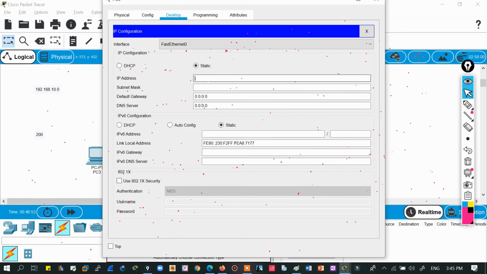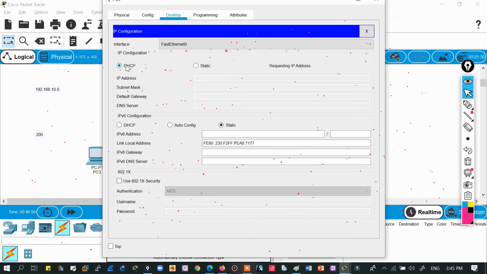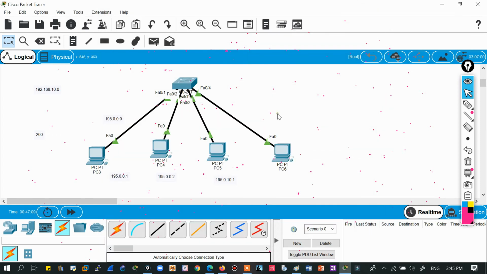I will configure the IP, subnet mask, default gateway, DNS and so on. But there is one more way: you configure a DHCP server in your network. Those clients will be connected to the DHCP server and they will get an automatic IP. So let me give you an example.